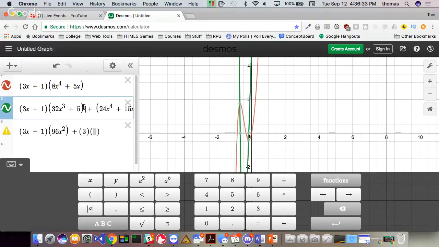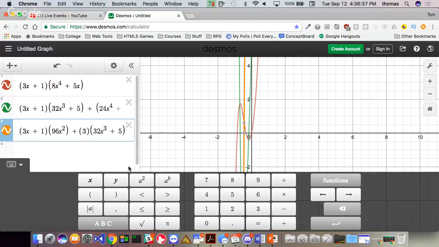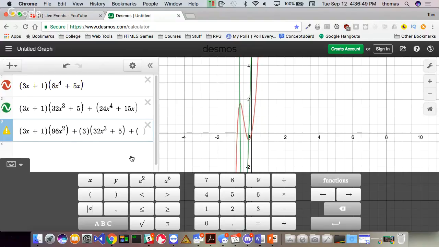Let's see if I can do this without killing it again. Right, that's it. Plus, now the derivative of this piece. What's the derivative of this piece? So 4 times 24, someone? Is it 96? 96x to the 3, plus 15.